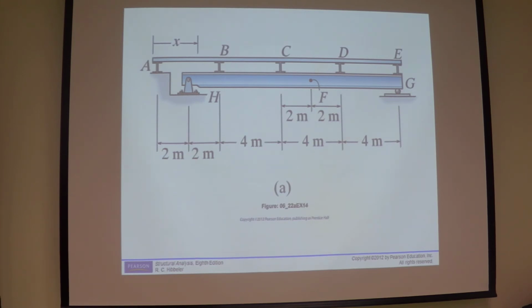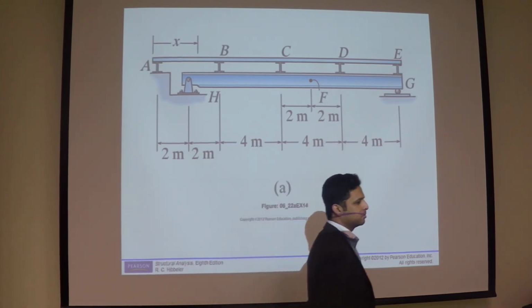Now please see, the load is on the girder. If the load is at point A, how much will be the reaction at point H?